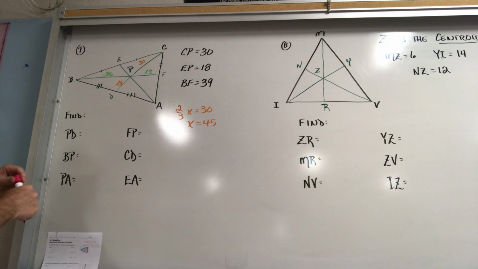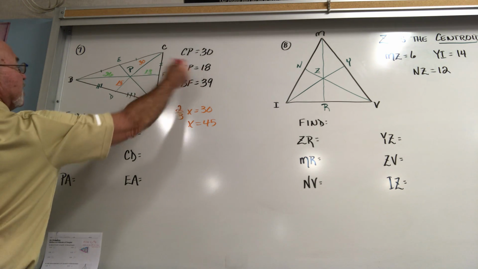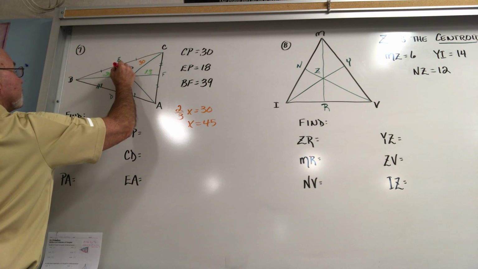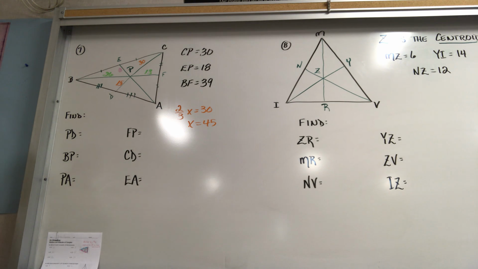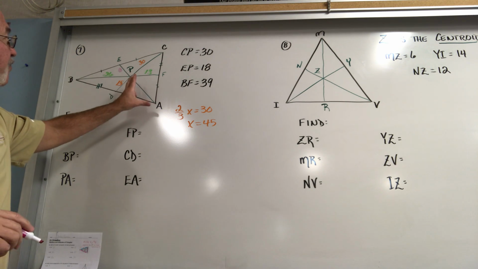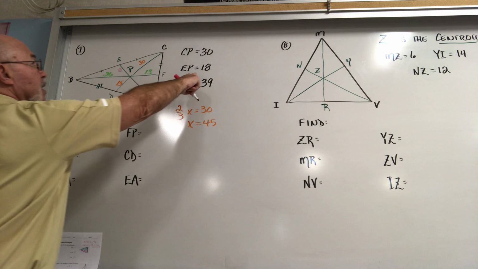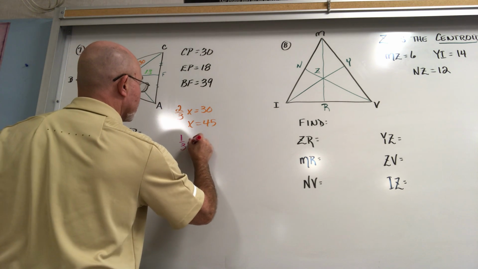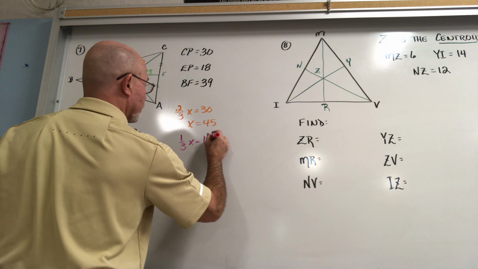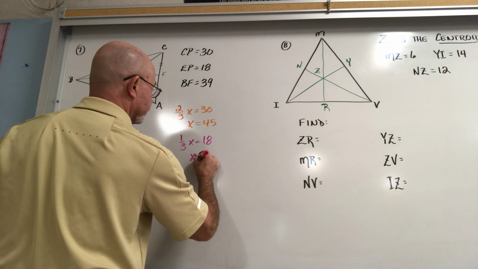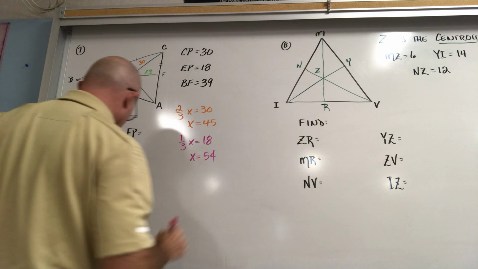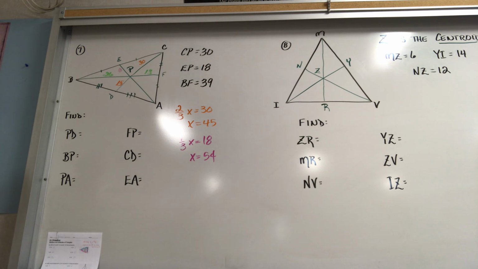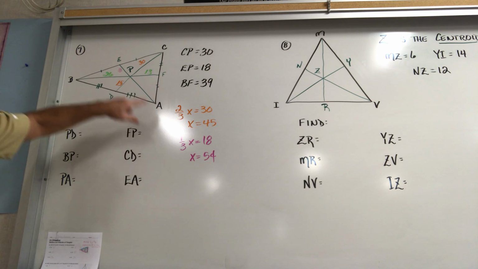And our last one, if EP is 18, that's the short part. We've got to find the other part. So 1/3 of something. So now we know the entire length is 54.